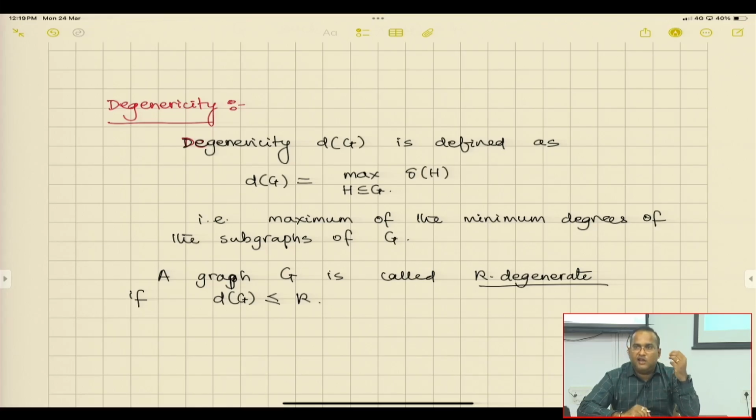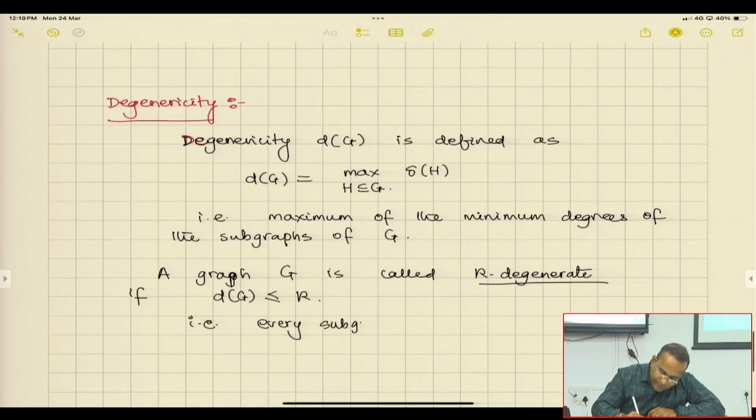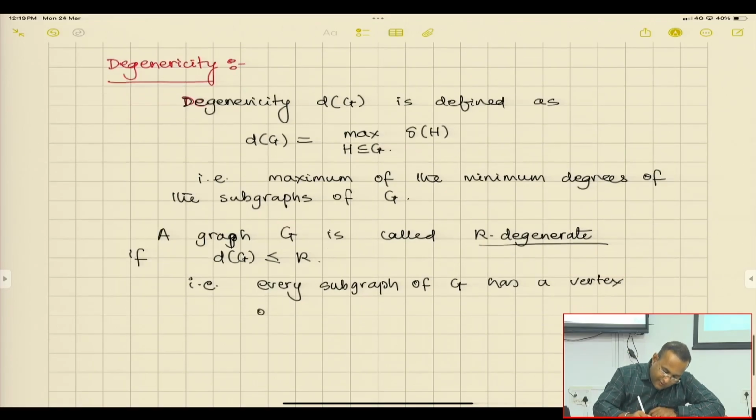Every subgraph of G has a vertex of degree at most k, right? In words, we can say that every subgraph of G has a vertex of degree at most k.